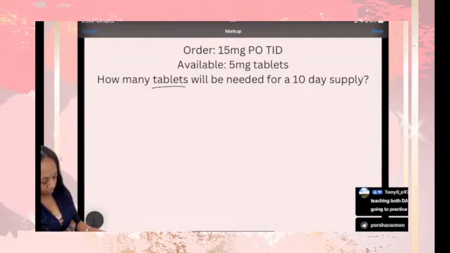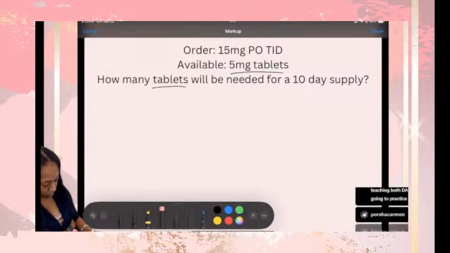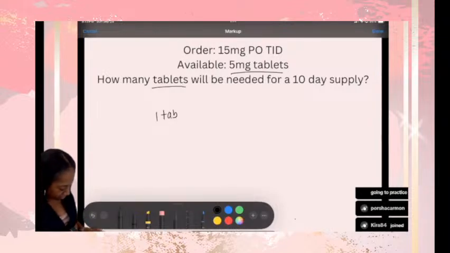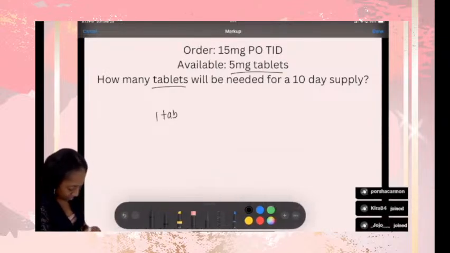So this is where we have tablets, right? All right, so 5, well, 1 tablet. Okay, this is gonna block me. Come on.